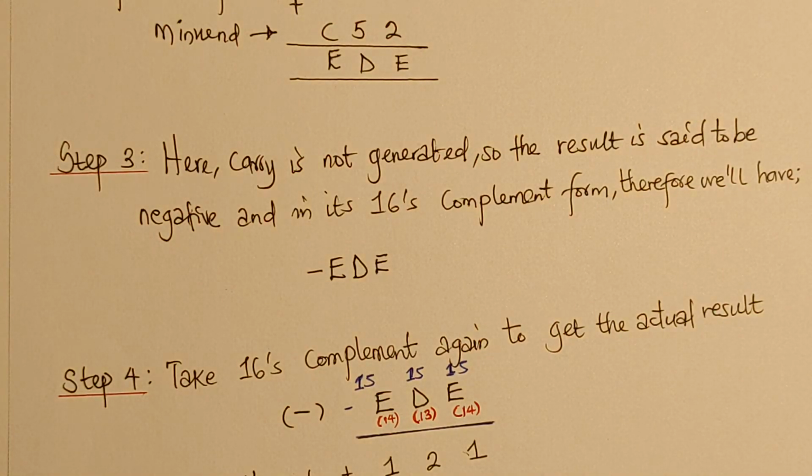So we are going to take it again. In this end, we are going to have 15, 15, 15 digits for each of what we've gotten in step 3, which is EDE respectively.